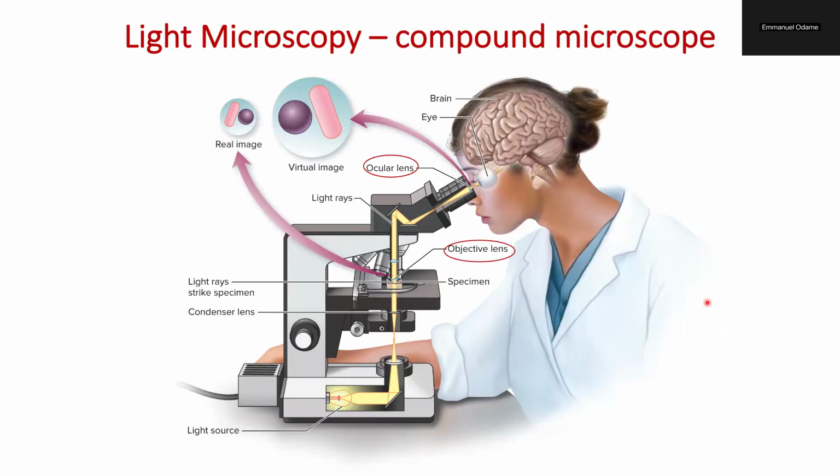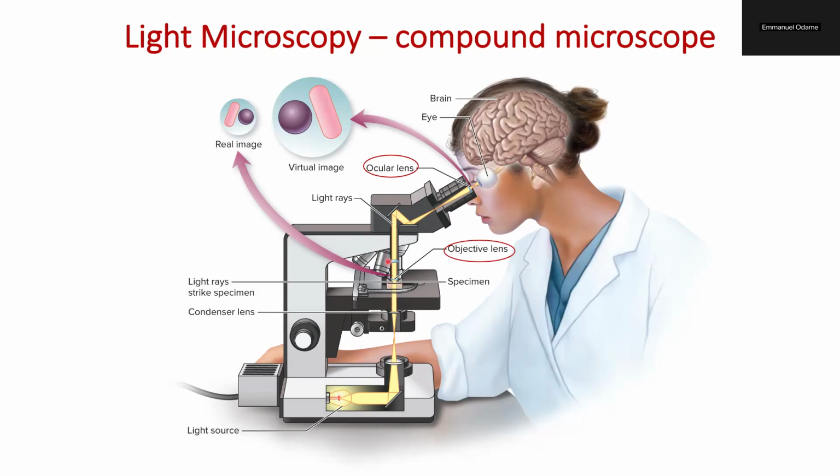So on the microscope, this is how you see things. You have a brain and eye, and this is your microscope. You put your specimen on the stage here, and then you turn on your light source. Light travels through the lens, through the specimen, and through the objective lens.